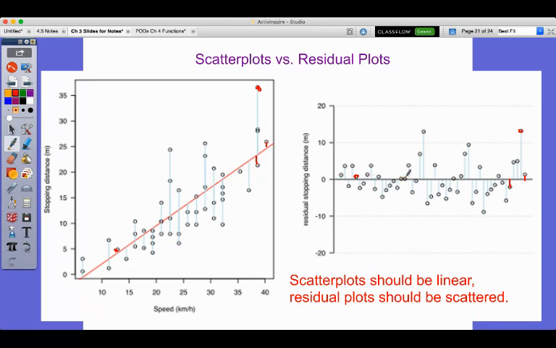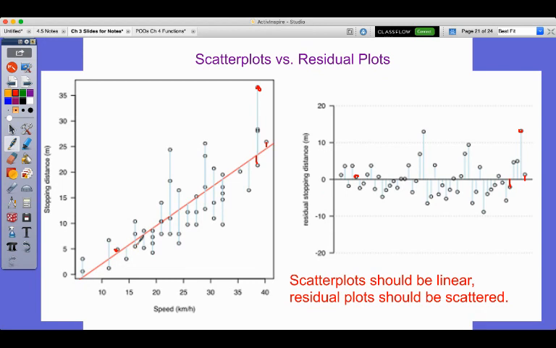Like these two dots both have a residual of 0. They're probably both right there stacked on top of each other, or maybe it's there and there. Those residuals of 0 are the ones on the line. All the positive residuals are the ones above the line, and all the negative residuals are below the line.